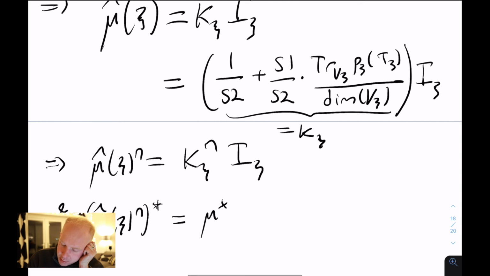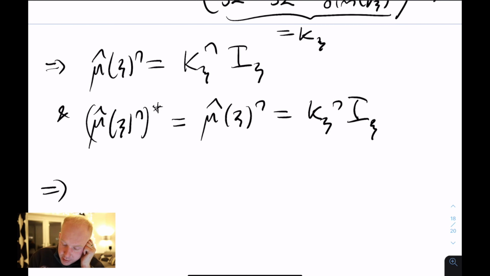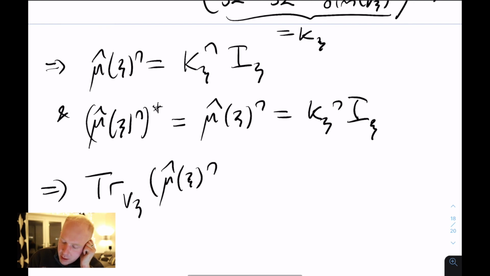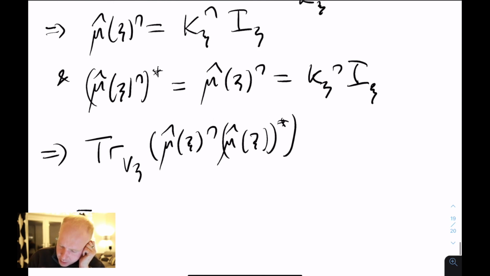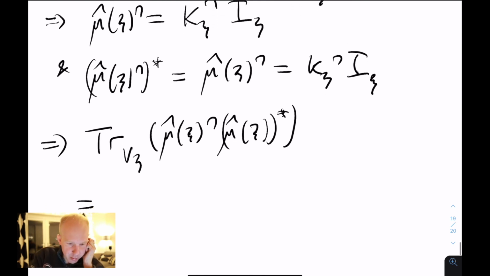So the adjoint becomes the same as the Fourier transform to the power n, which is kappa to the n times the identity. Then if you take the trace of the Fourier transform of psi to the power n and its adjoint, which remember was in the definition of the Hilbert-Schmidt norm, this becomes just the trace of these operations.